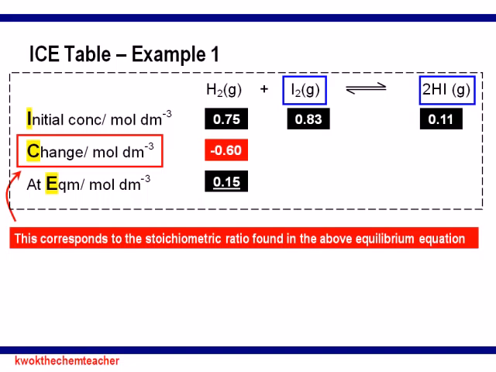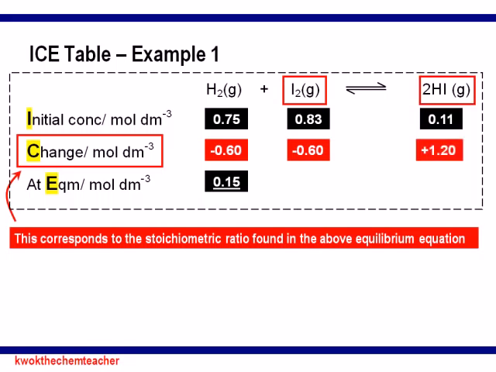Hence, using that information, we can find out the change for iodine as well as the change for hydrogen iodide. The mole ratio of hydrogen and iodine is 1:1. I've lost 0.6 mole per dm cubed of hydrogen, therefore I will also lose the same 0.6 mole per dm cubed for iodine.